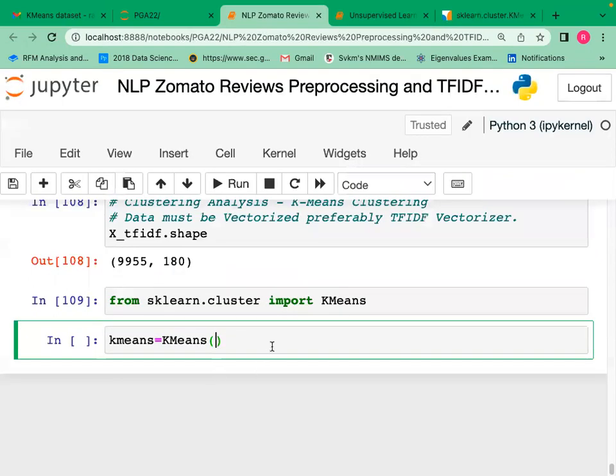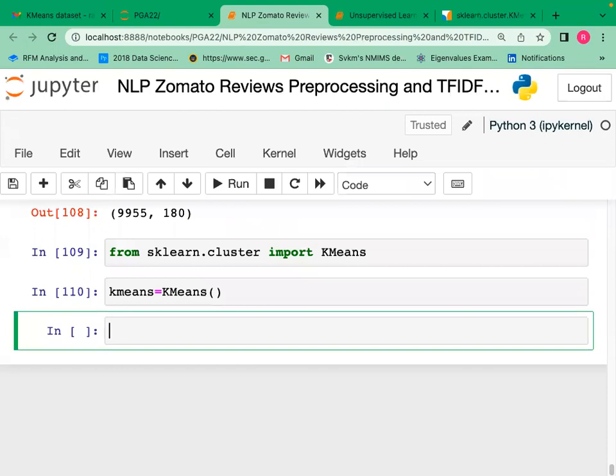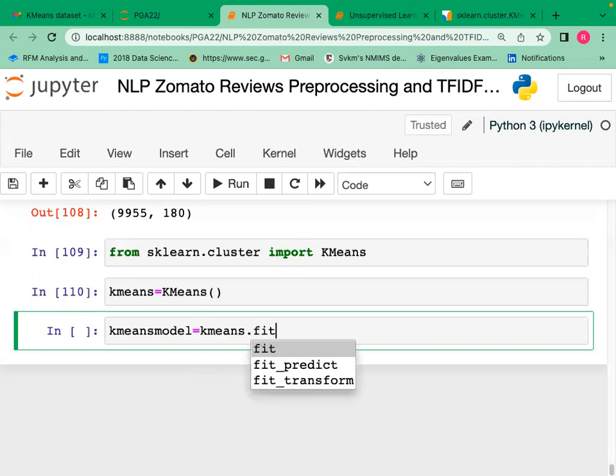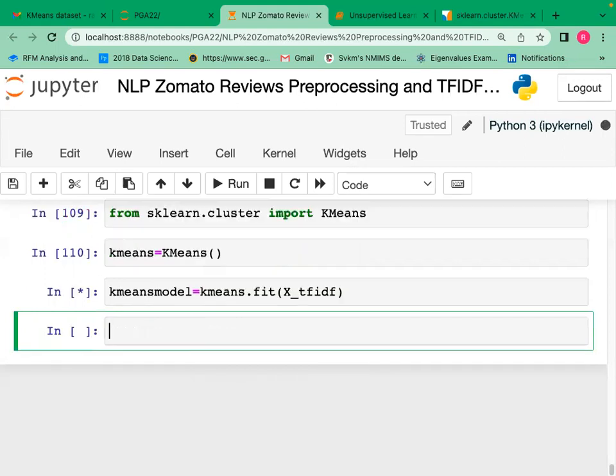So we'll go with the default one. kmeans_model is equal to kmeans.fit(X_tfidf).